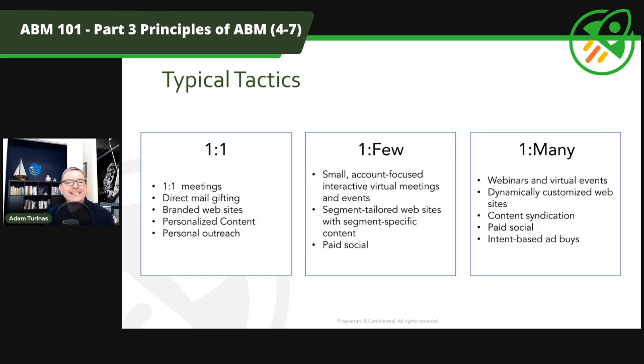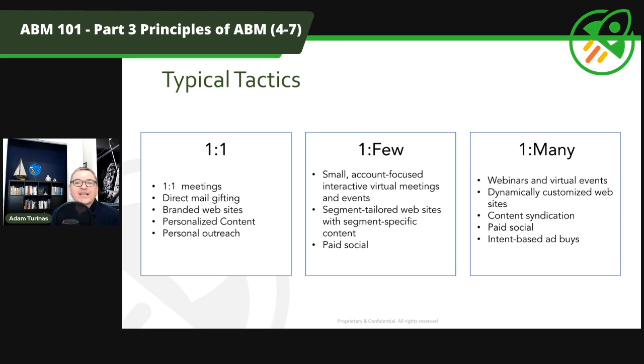And here are some of the tactics that differentiate them. One-to-one is much more meeting centric, and maybe you're using gifting as a way to really show these accounts that you care. You may do things like create a branded website, and I'll show you an example of that in a second. One-to-few is clustered.